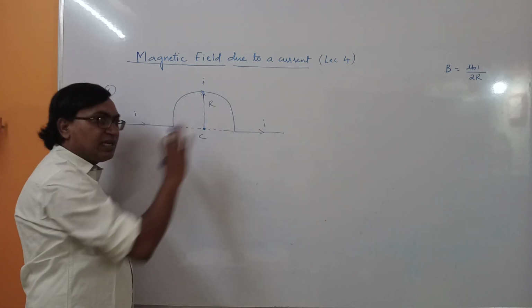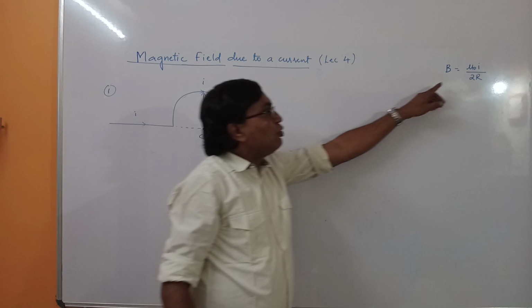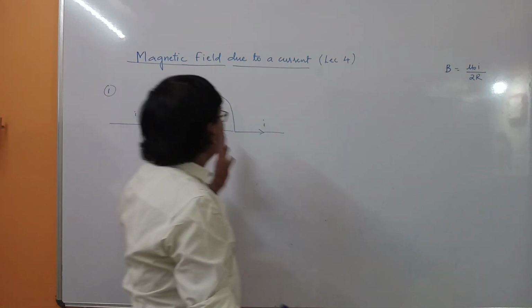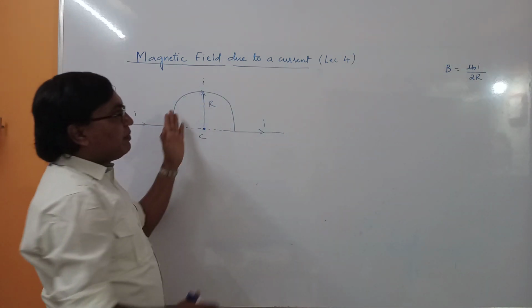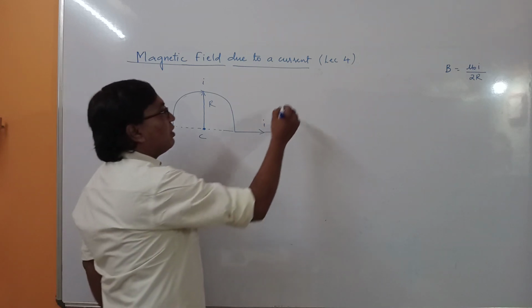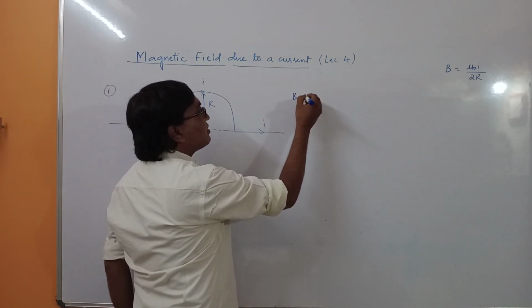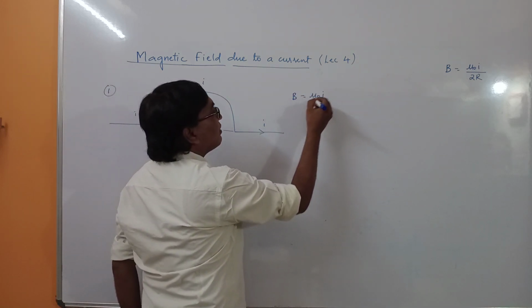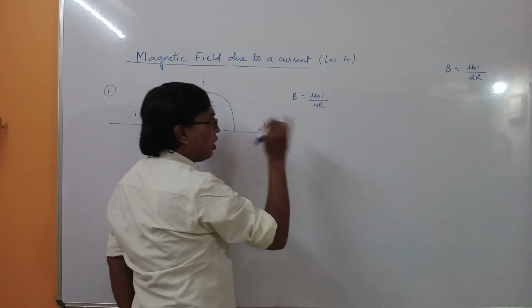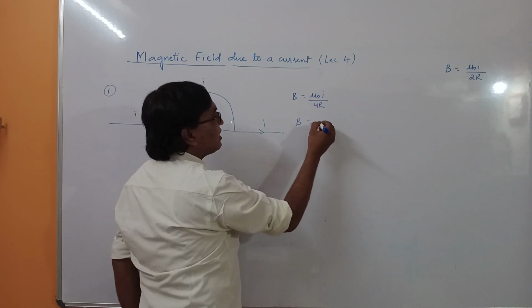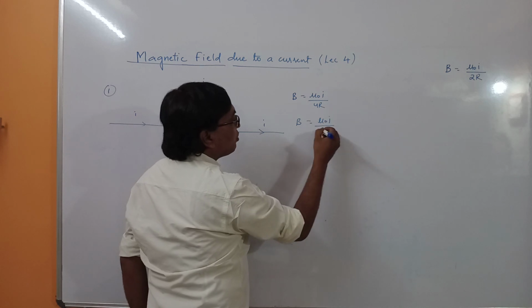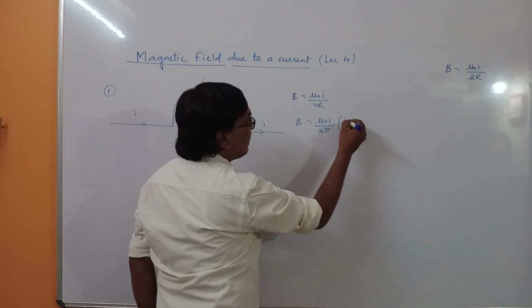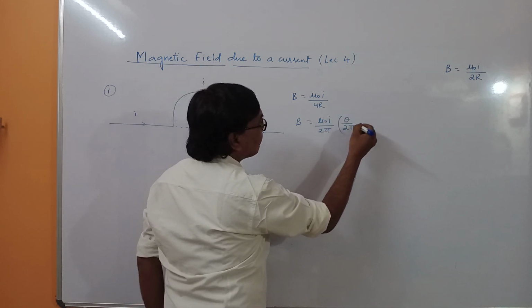Then you will have the magnetic field due to this loop. So this is a semicircular loop. For a complete loop, it is mu naught I by 2r. For a semicircular loop, it will be half of that. So the magnetic field is mu naught I by 4r, or the magnetic field B is equal to mu naught I by 2r multiplied by theta by 2 pi.